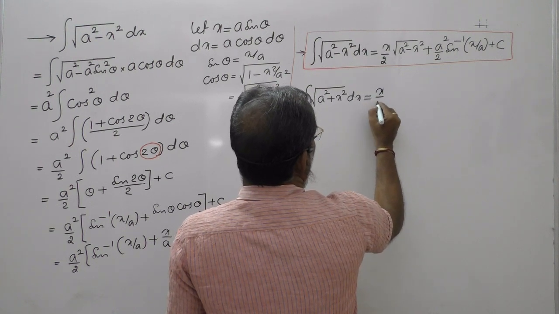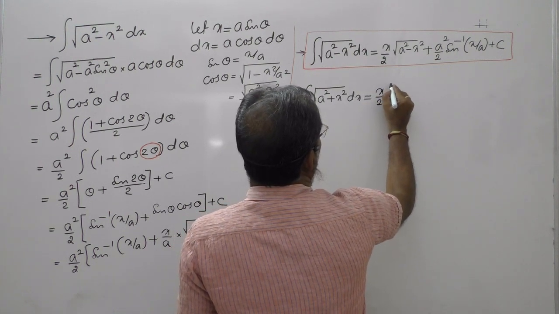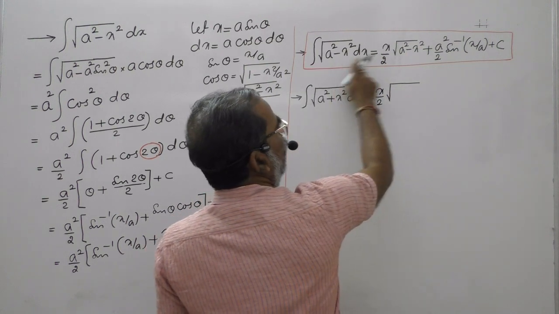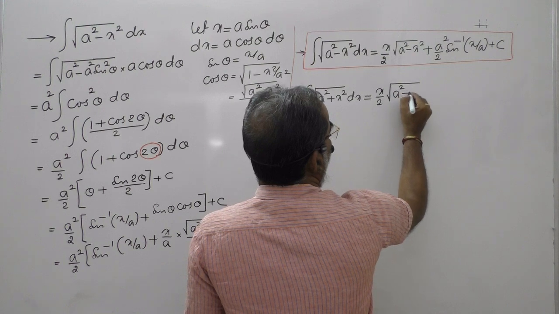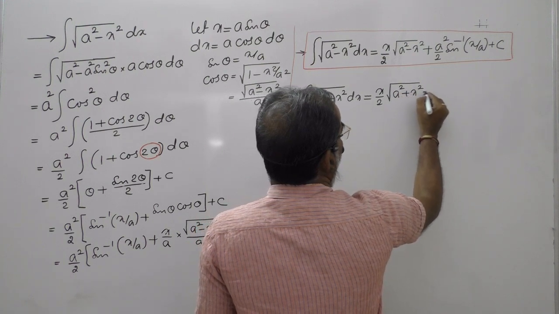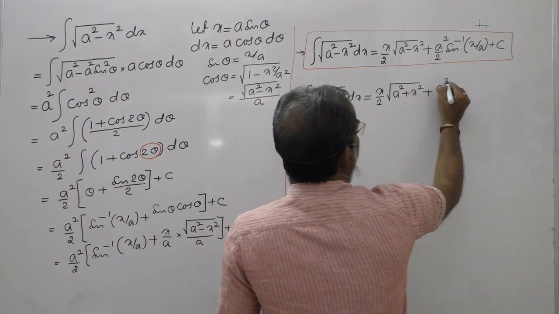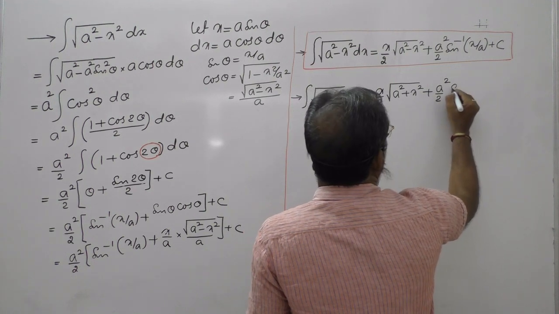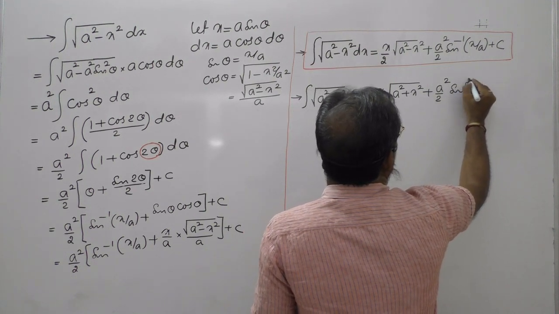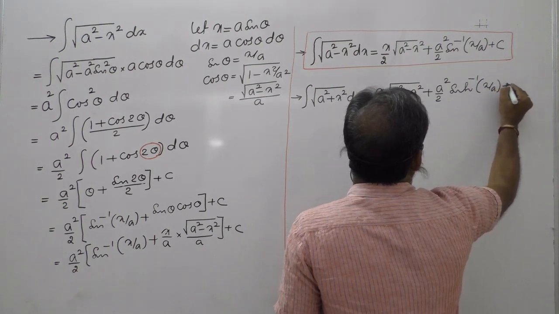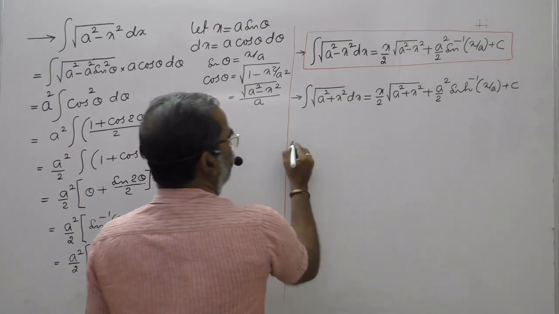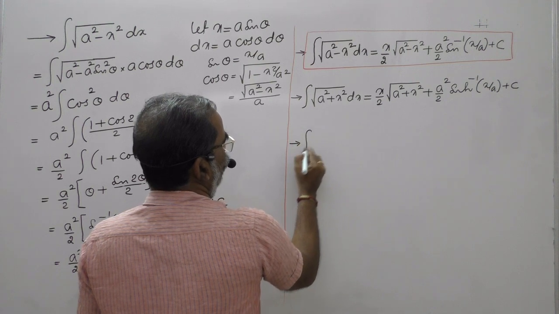Its integral will be x by 2 into root over the given function as it is, a square plus x square, plus a square by 2 into sin h inverse of x by a plus c. This is the second one. There will be one more.